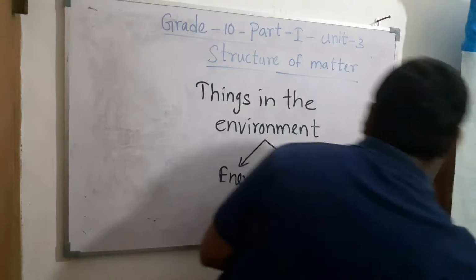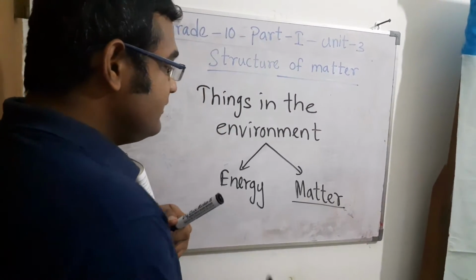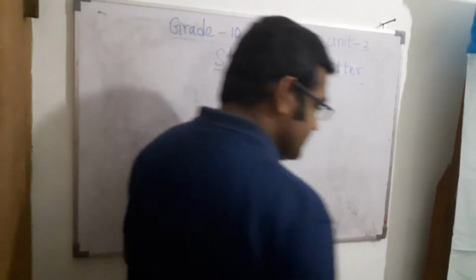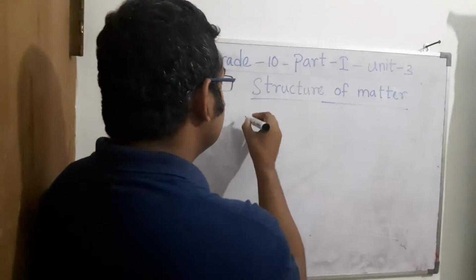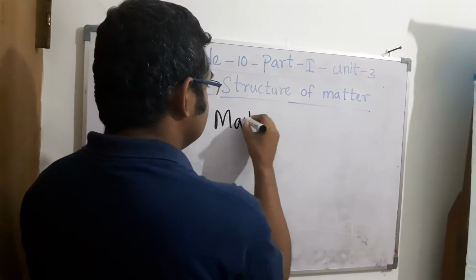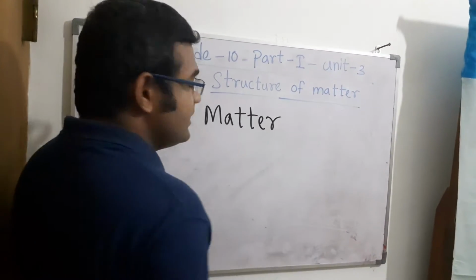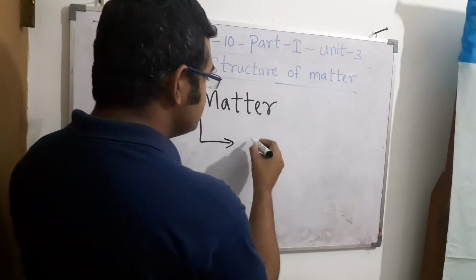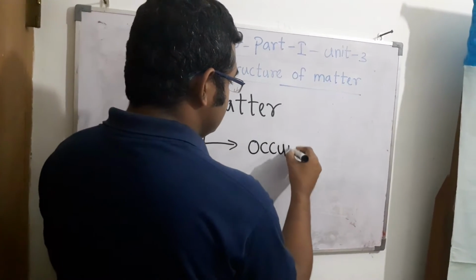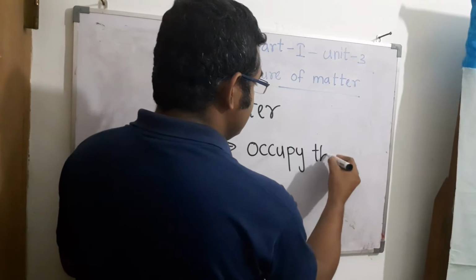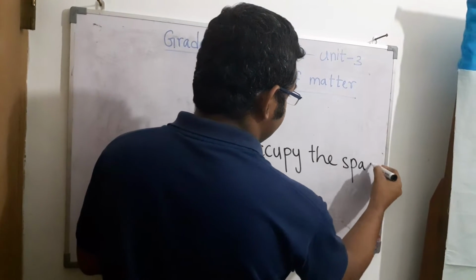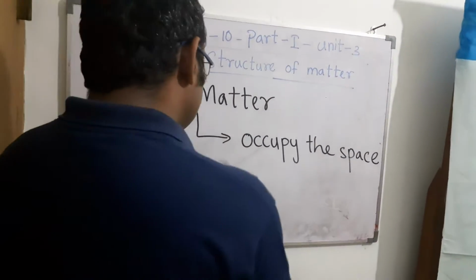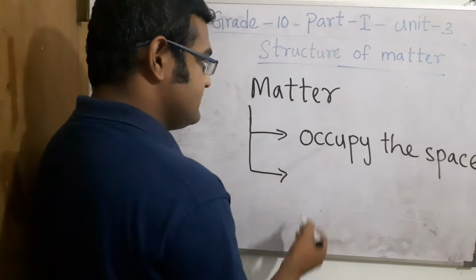Then we'll discuss matter. First of all, you should know what matter is. Matter should occupy space, and it also should have mass.